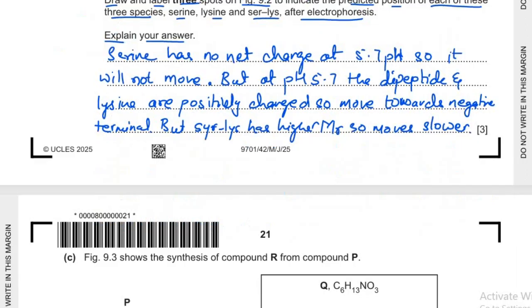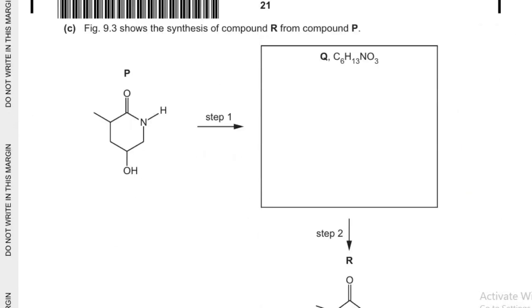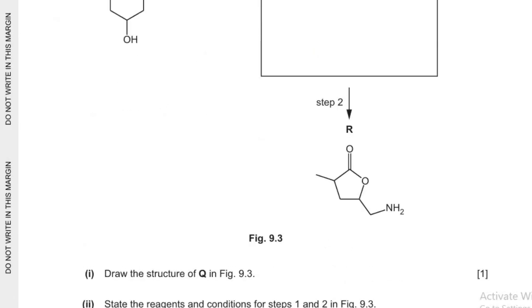Okay, let's move to the next part here. The C part says figure 9.3 shows the synthesis of compound R from compound P. Here we have compound R, a cyclic substance with the COO group, that is the ester group, and we have an amine group also.